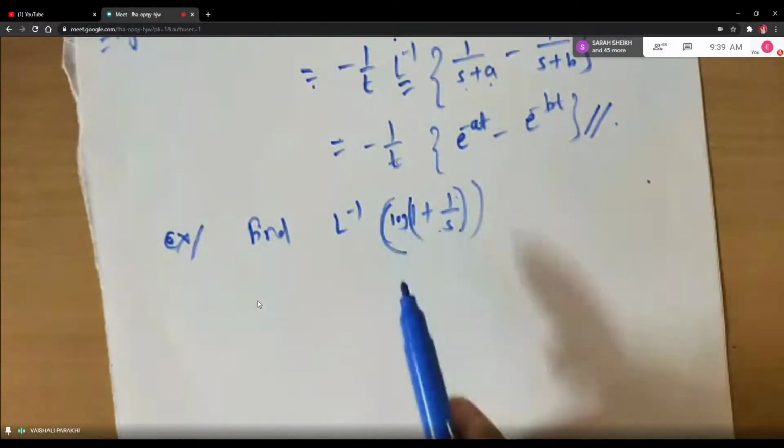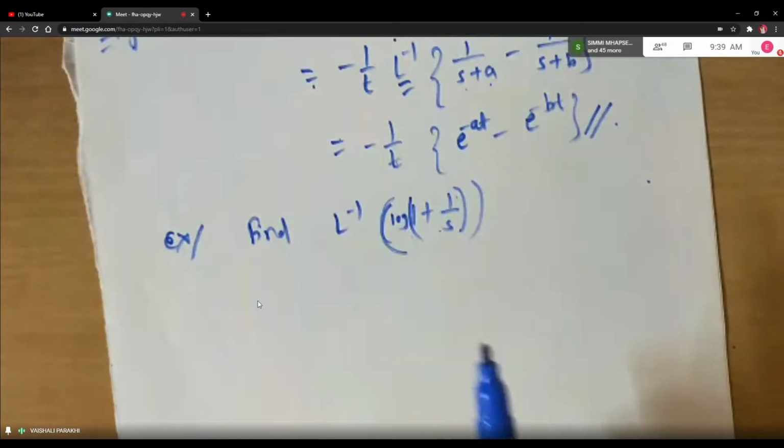So look at the function log, write the formula and proceed. Okay, so all will be trying. I'm giving you some 2 minutes. All have to try. Just follow the previous example, and hopefully everybody is sitting with notebook and pen.